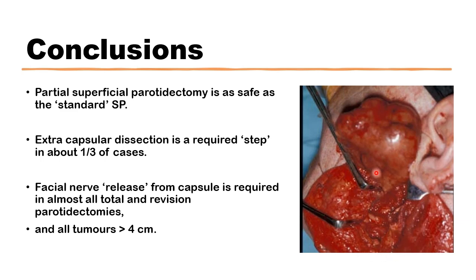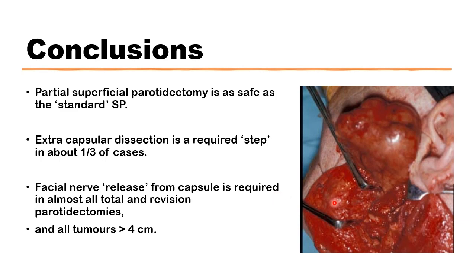Extracapsular dissection is a required step in about a third of the cases, no matter the type of resection. Even when you're doing the most radical of these resections, total parotidectomy or the formal superficial parotidectomy, extracapsular dissection of this big tumor would be carried out in at least a third of the cases.